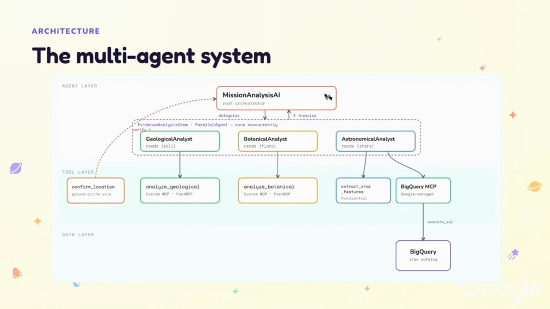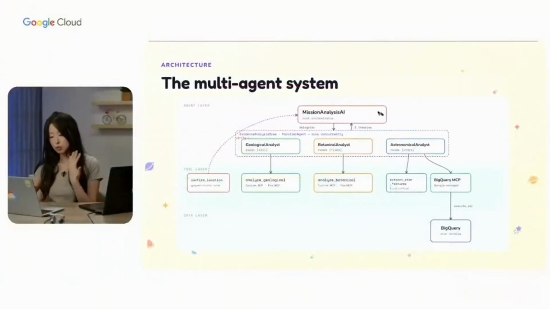Now we have three specialists. One can analyze the image, one can analyze the video, and one can interact with the database to understand and make a decision on where you are. But how do you put them together? The pattern we're using is the parallel pattern, so that they can vote and we synthesize the result to make the decision together.